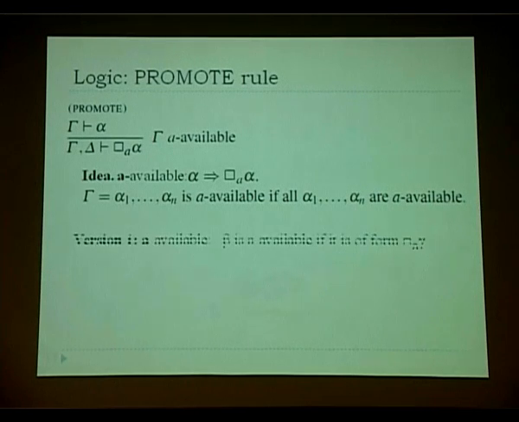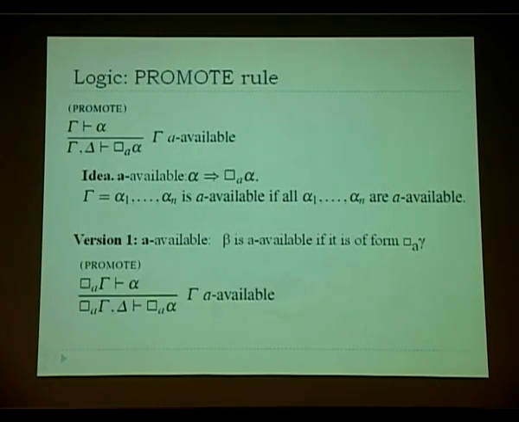So here is what we would do. Okay, let's write different versions of this just to get a sense for it. The first version is the standard one, which is we say formula beta is A available if it has a box A at the outermost. Okay, and with that definition of A available, the rule which introduces box on the right looks standard.